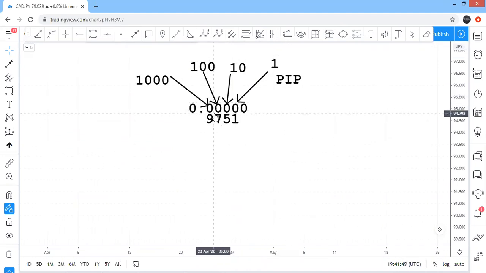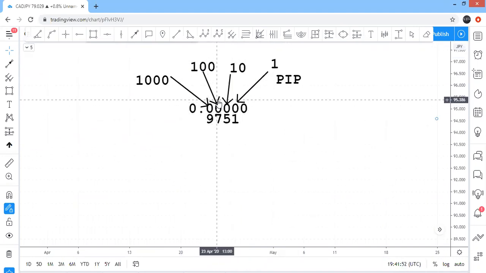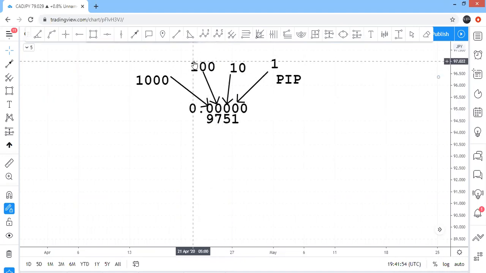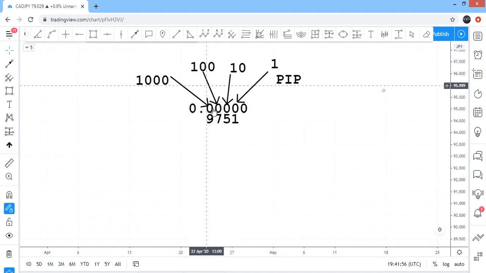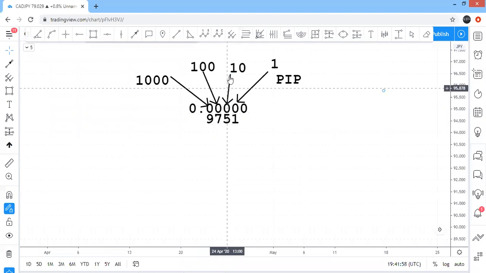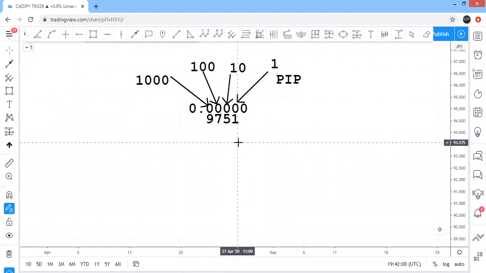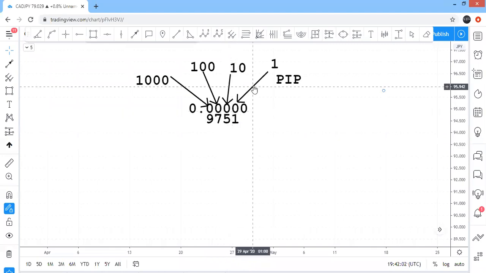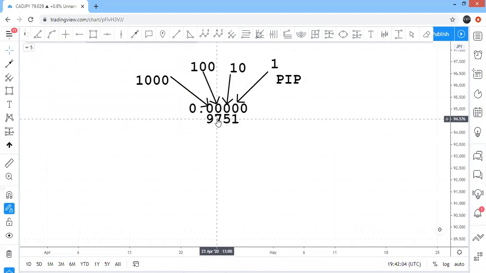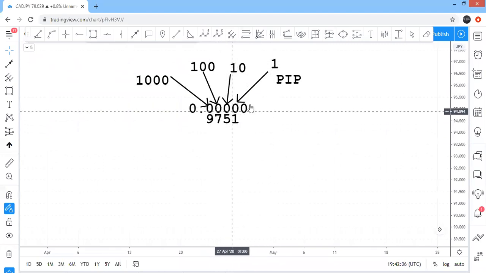Now this number has turned to 7. 7 times 100 is 700 plus (5 times 10) plus (1 times 1), 751 pips.